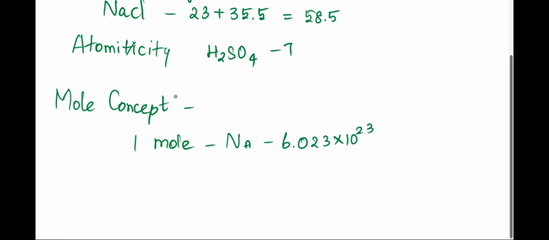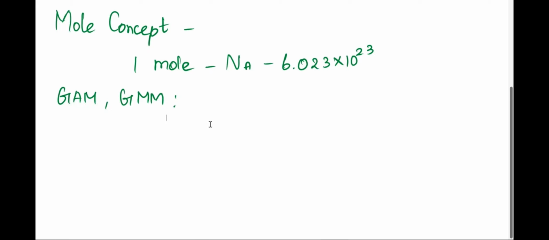Okay, let's move on to gram atomic mass or gram molecular mass. What is this? When the numerical value of the atomic mass of an element is expressed in grams, then the value becomes the gram atomic mass.